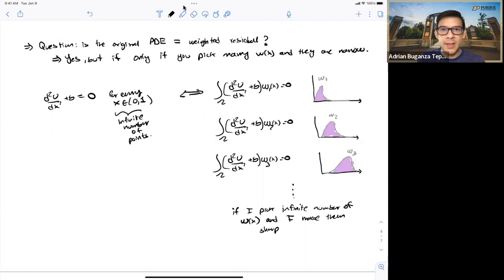And now let me look at the chat. What's the error, with context? The error is the PDE. So the error is whether or not I satisfy this, my equilibrium equation.